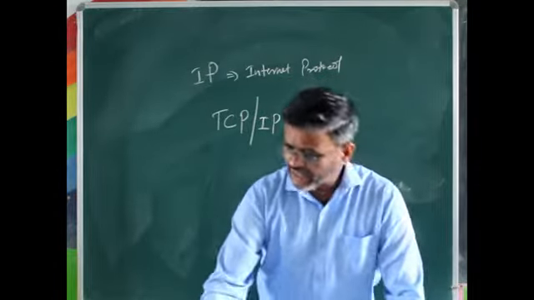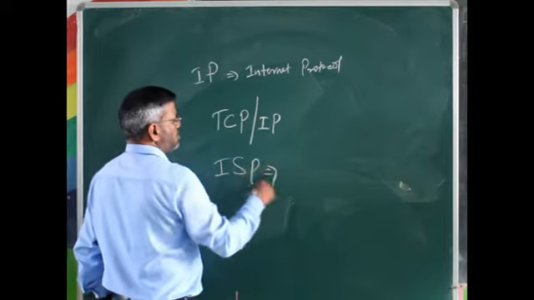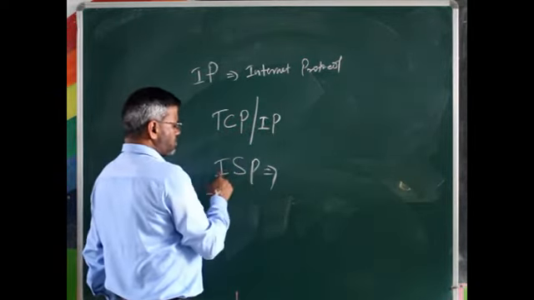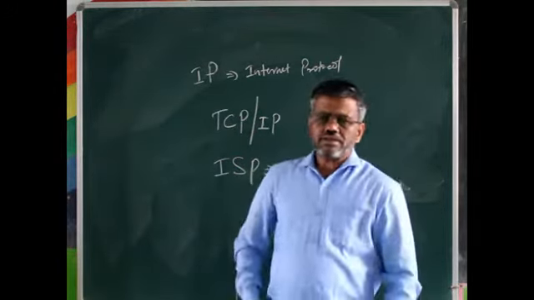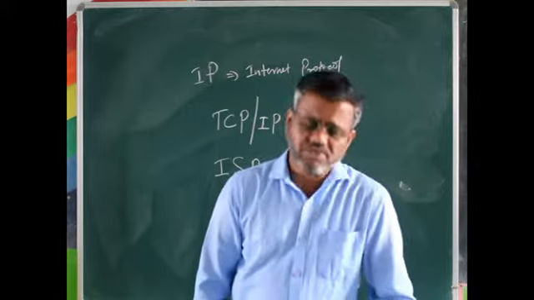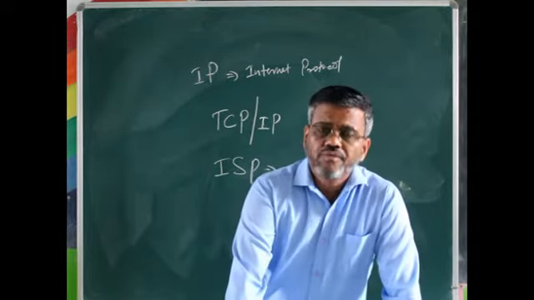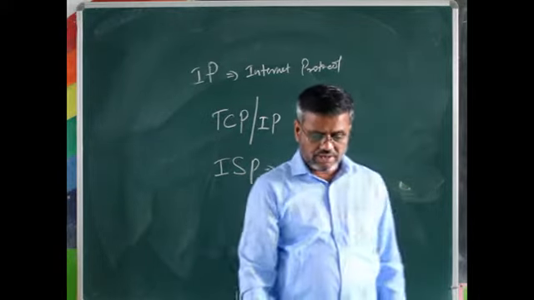Right? ISP, Internet Service Provider, works with Transfer Control Protocol and Internet Protocol. There are plenty of them these days in the market. They provide the service for which we pay. It's called the service sector. An Internet Service Provider is an organization that provides services for accessing and using the Internet.